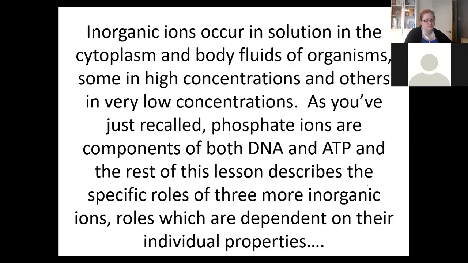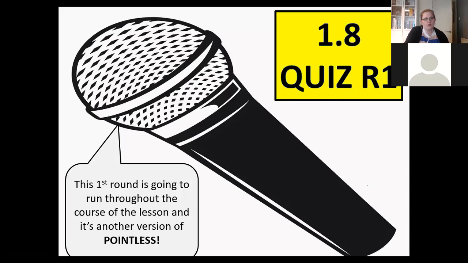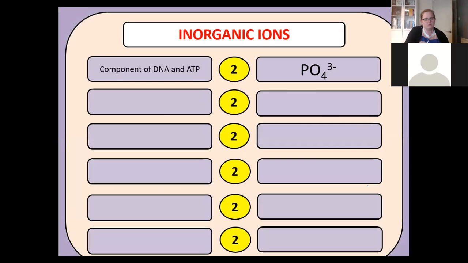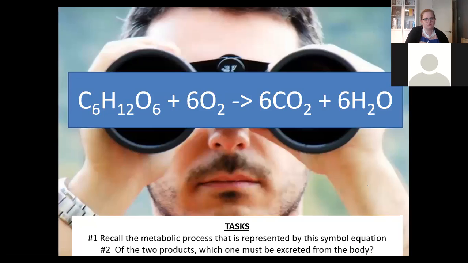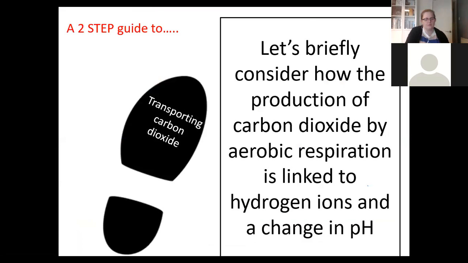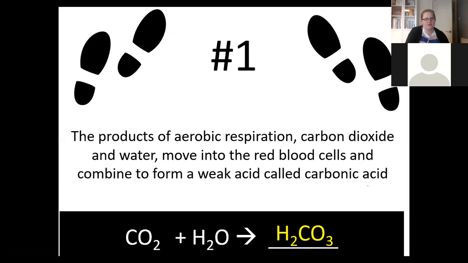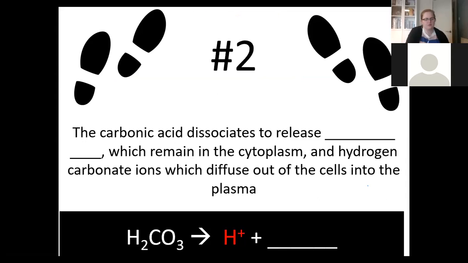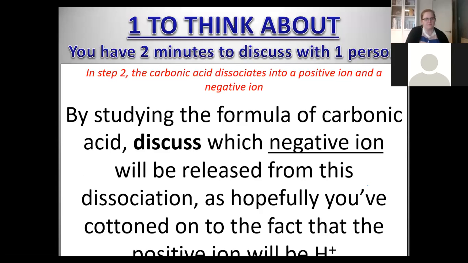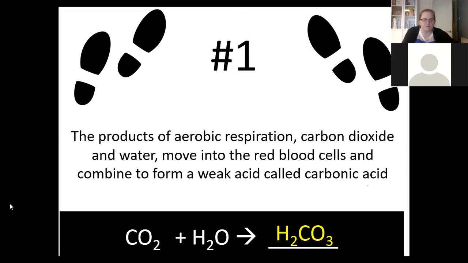So we've just looked at phosphate ions. What we're going to look at now, oops. I don't know where all the stuff's gone that I want. Let me give up on that, because I've lost where I need it to be.